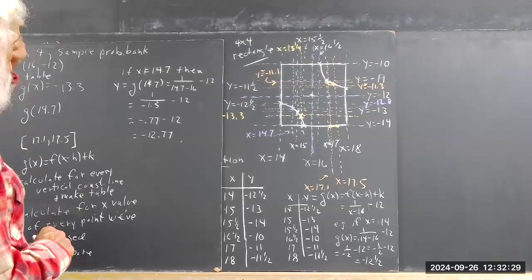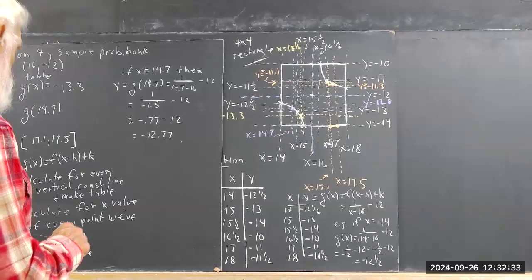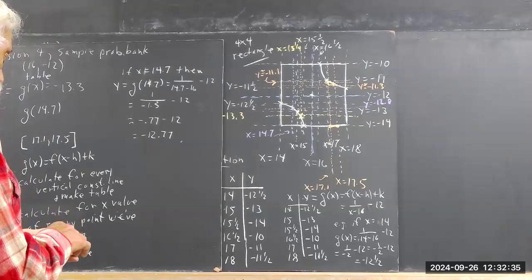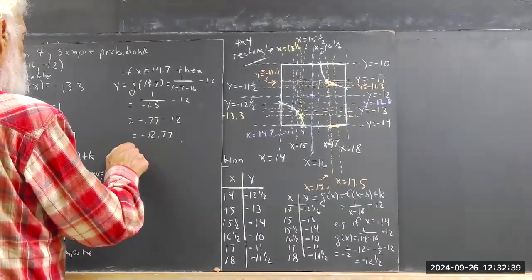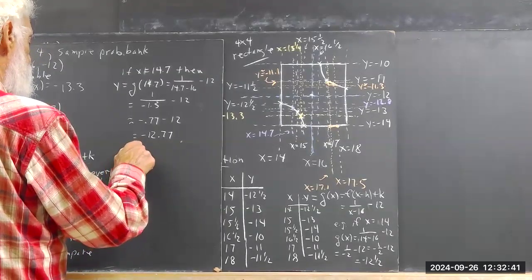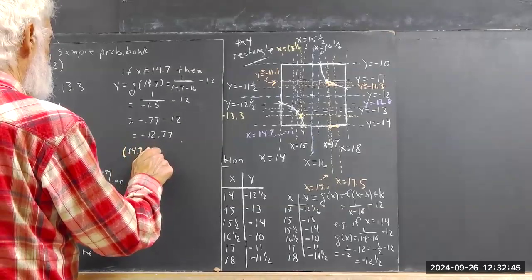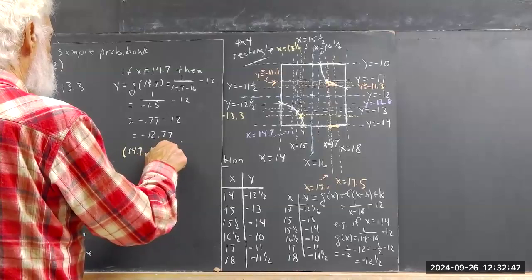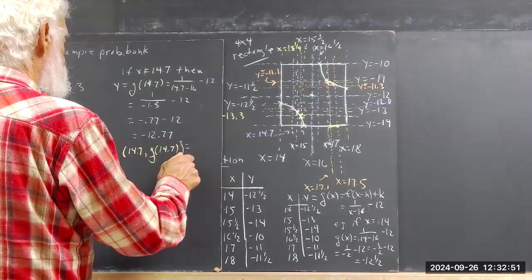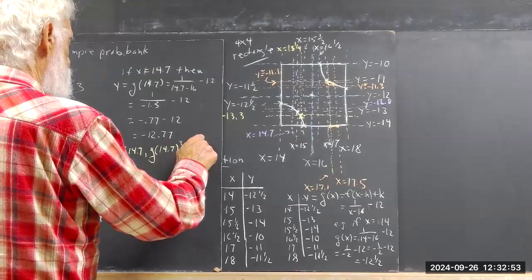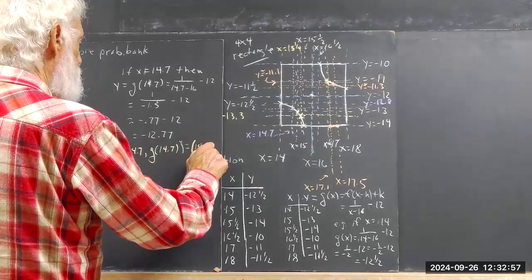write it down. I'm tempted to get another board. But I'll just kind of write it in bold here. You probably want to put it in the table. I'll put it this way, 14.7, G of 14.7, that's what we just did, is 14.7.